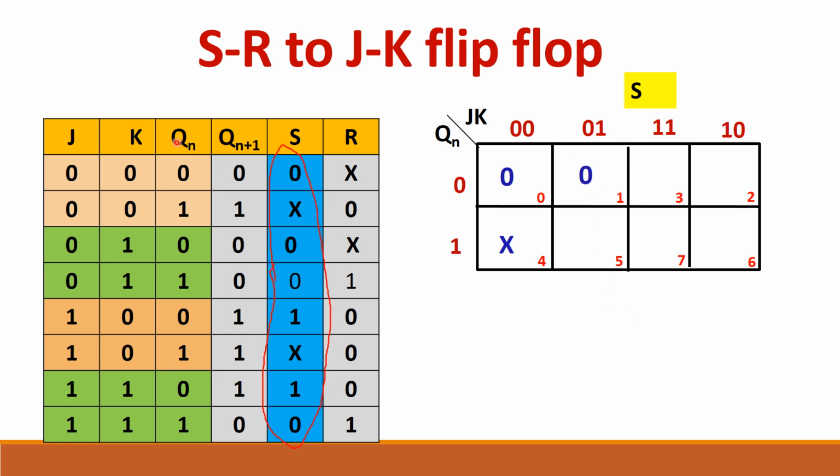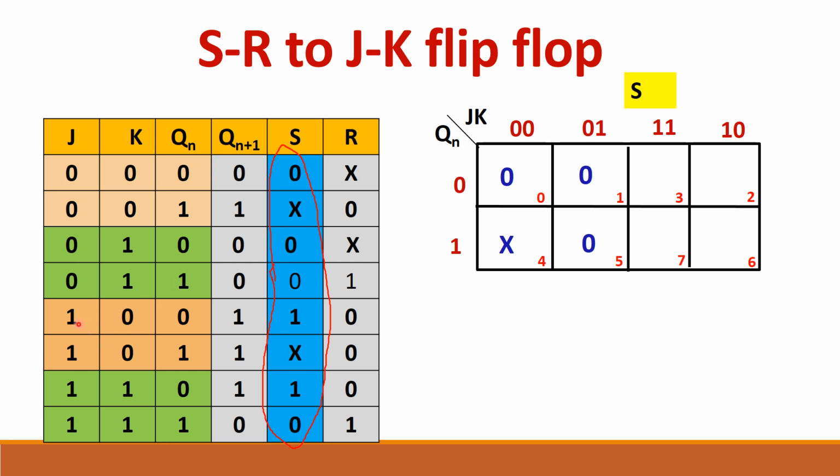Next for 0, 1, here this green color you see, for the 0, 1 condition, if Qn is 0, S value is 0. And for Qn equal to 1 also, S value equal to 0. Next for 1, 0 we have to find.